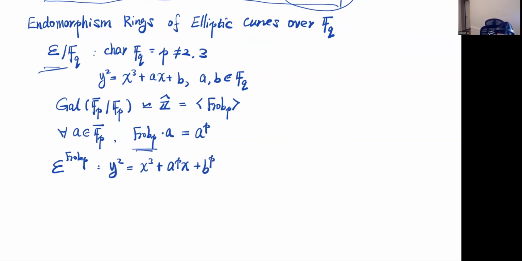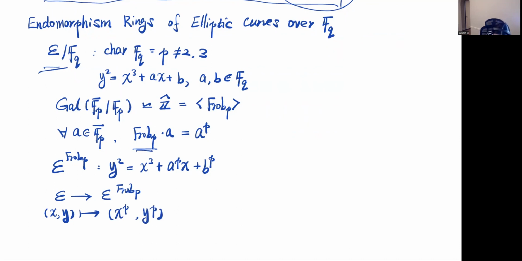And then there is the map E to E to the p. This is the Galois action, mapping every geometric point (x, y) to Frobenius of it. Very concretely, the action raises x to the p and y to the p, right?